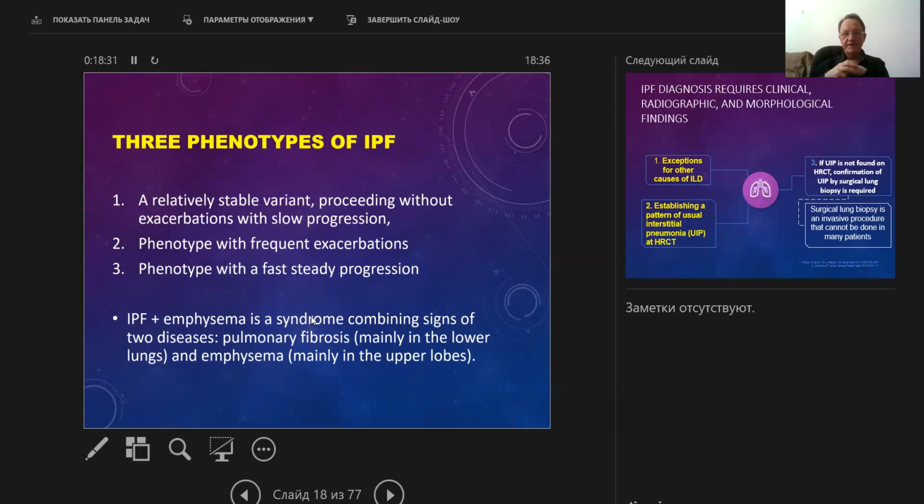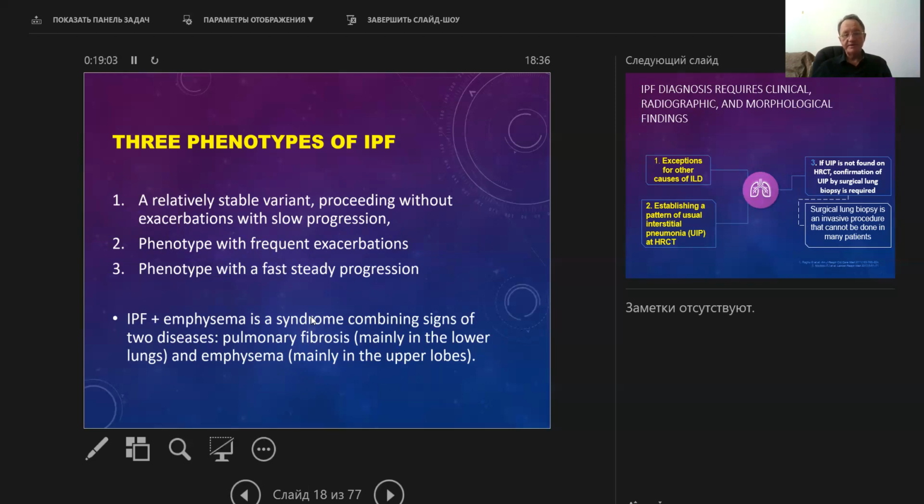There are three clinical phenotypes of IPF. First phenotype, a relatively stable variant, proceeding without exacerbation with slow progression. This patient may have 5 or 7, no more, years of lifespan.